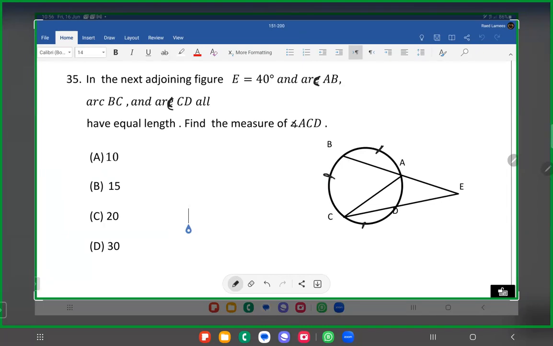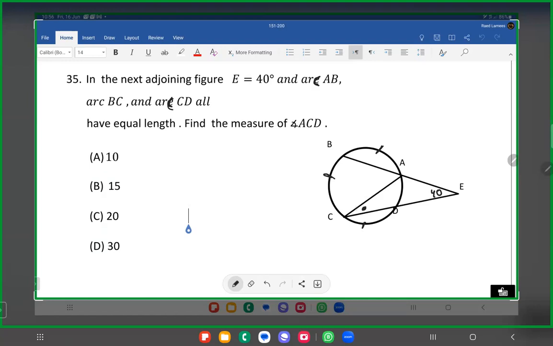Find the measure of angle ACD. They want this angle. There are different rules I need to use to solve the question. So if this is 40, yes, this is 40.